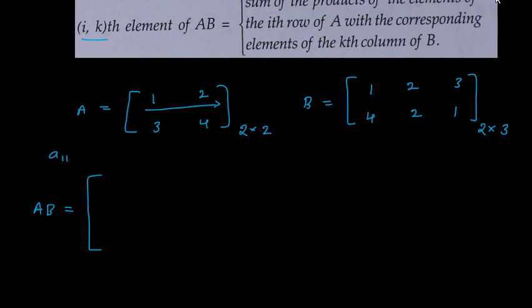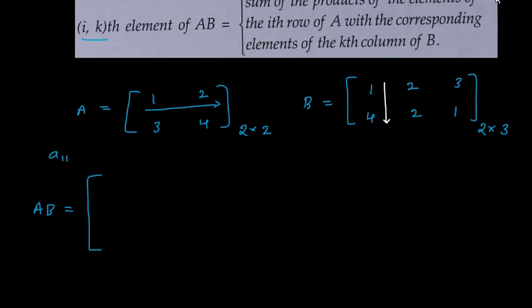Kth column, here we have the first column. So we have to take the sum of products of the corresponding terms of the first row and first column. Then I will get the first element for this A cross B.